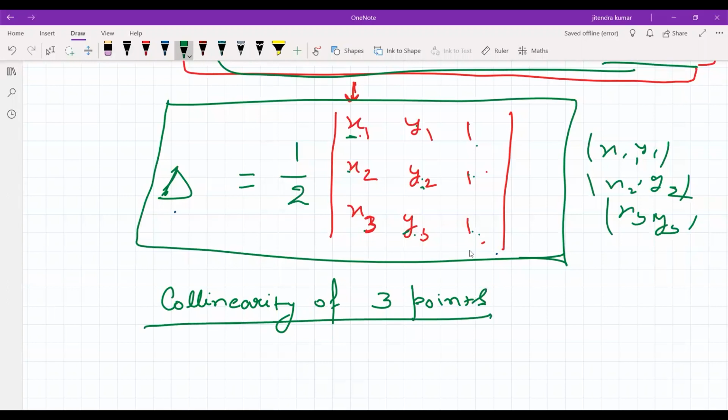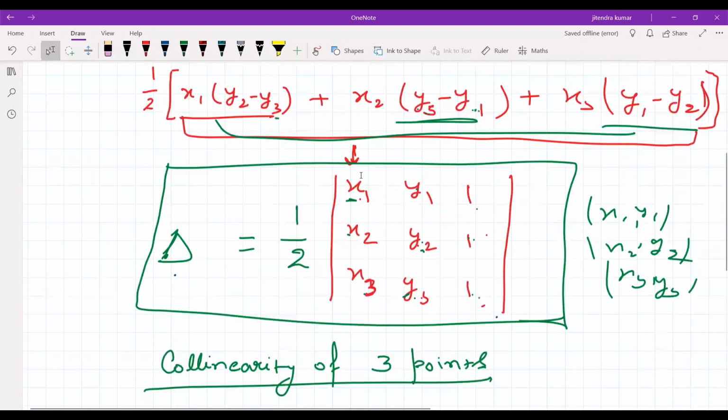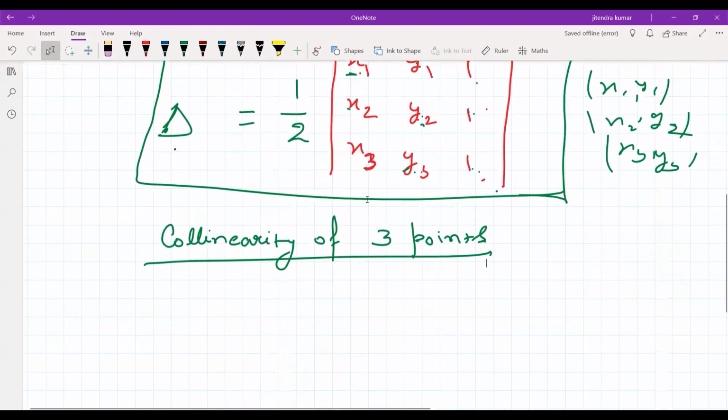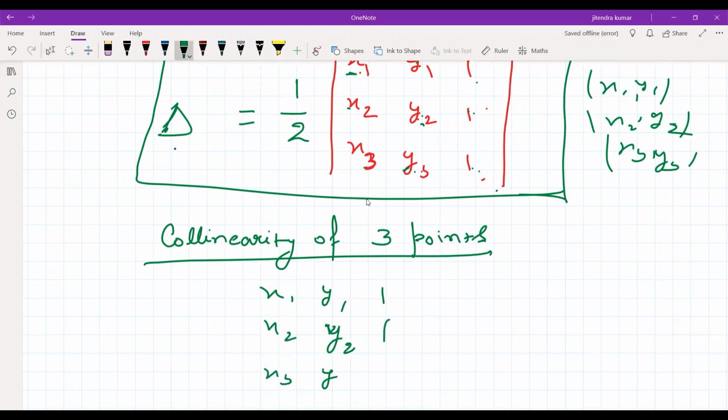So we can apply the same determinant and write that when this determinant, x1 y1 1, x2 y2 1, and x3 y3 1, is equal to 0, it means the 3 points x1 y1, x2 y2, and x3 y3 are collinear. So we can use the same determinant to check collinearity of 3 points also.